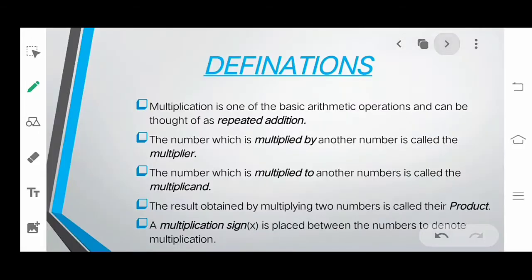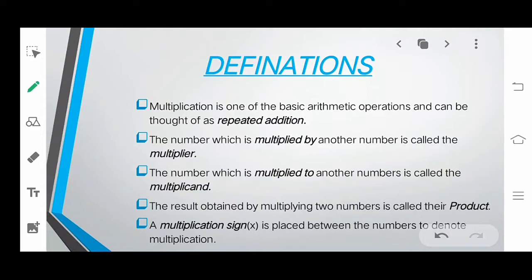We start with definitions. Multiplication is one of the basic arithmetic operations and can be thought of as repeated addition. The number which is multiplied by another number is called the multiplier, and the number which is multiplied is called the multiplicand.